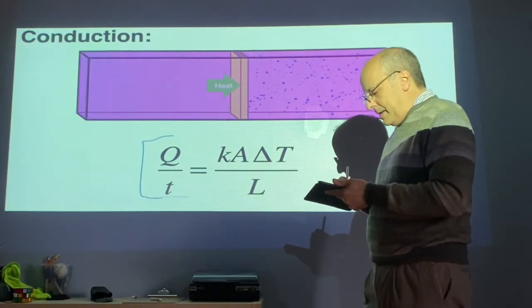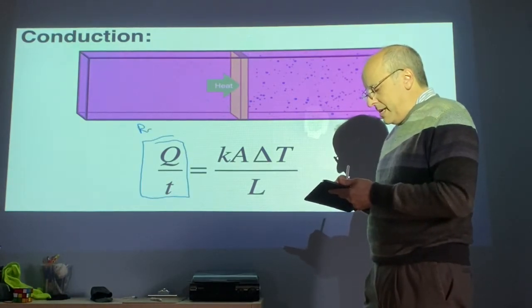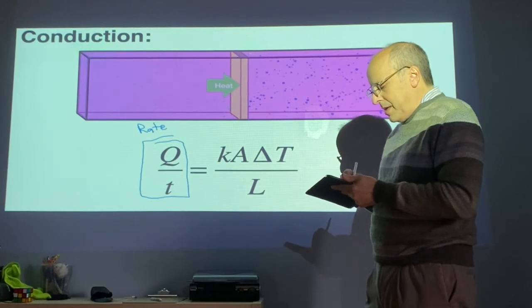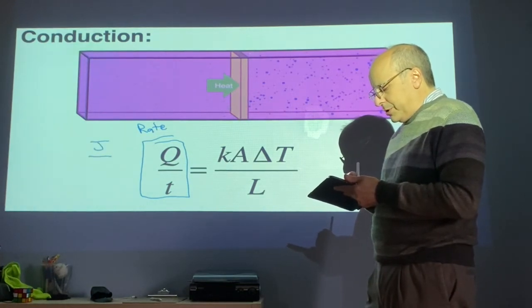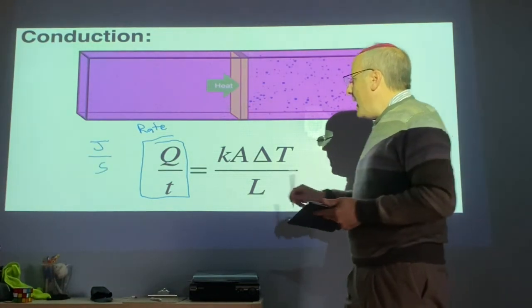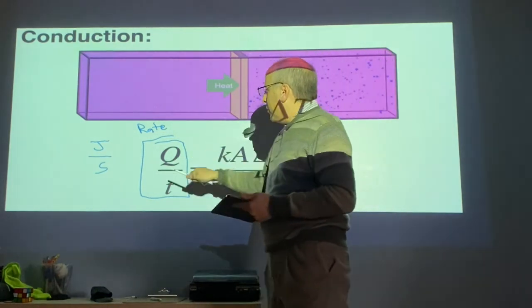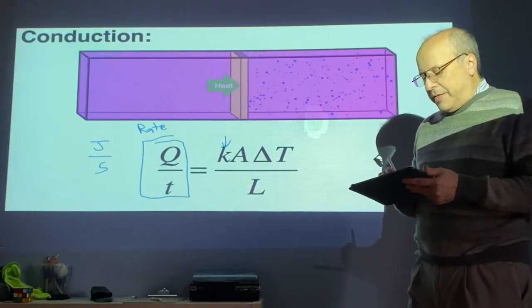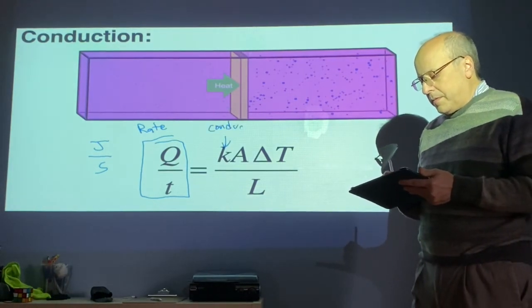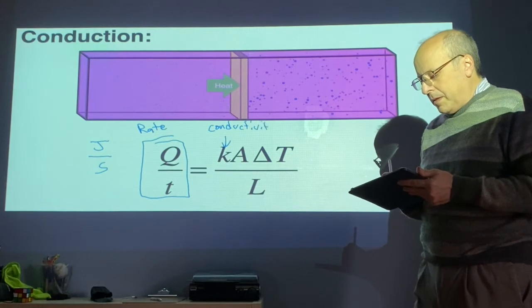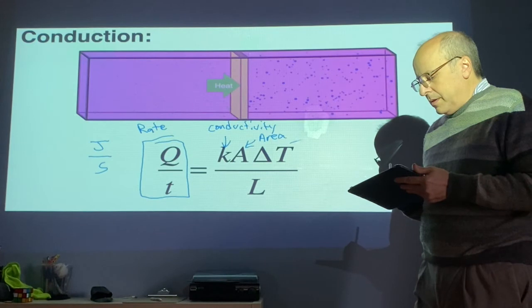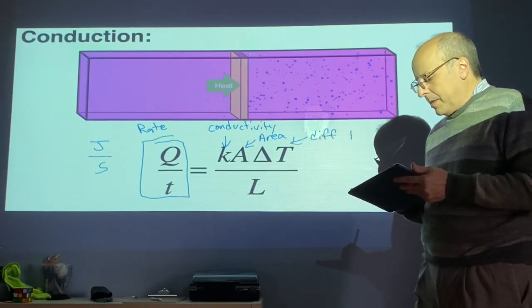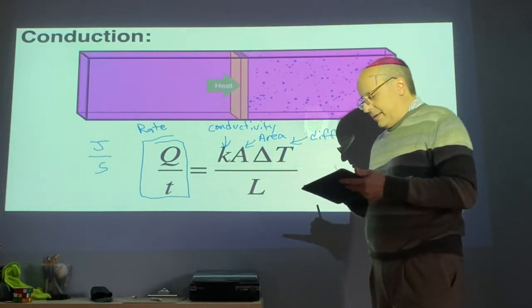Again, this side is giving us the rate of heat transfer. That's going to be measured in joules per second, or watts. How many joules pass through the barrier per second? It depends upon the conductivity, the area, the difference in temperature, and the thickness.